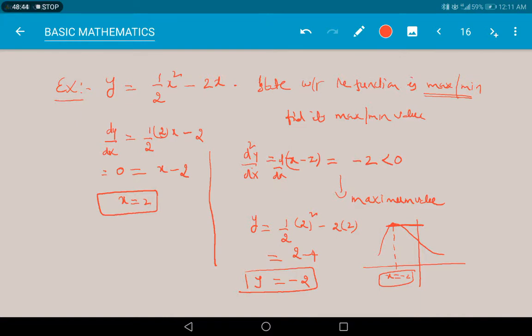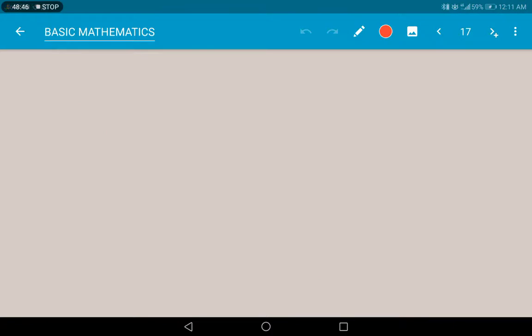Okay, let us take one more example. The function is given like this. y is equal to 2x cube minus 9x square plus 12x. They are asking to find the maximum or minimum value.